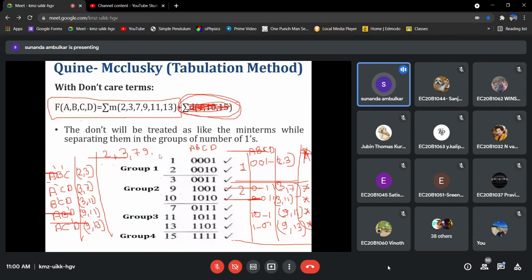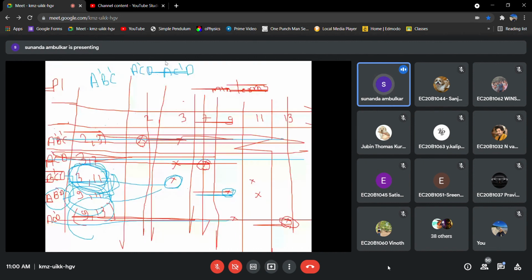Don't care terms we use only for grouping and comparing, but in the prime implicant table we don't consider them. This is the only difference, and then we follow the same process. We will cross them, we will encircle them, and then we try to find the essential prime implicant. This is the difference. So can you try this?